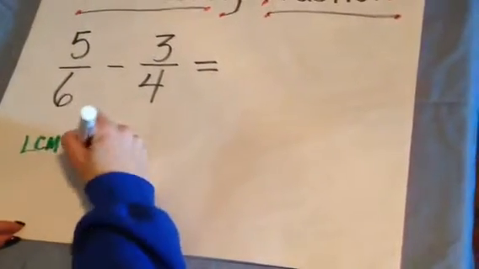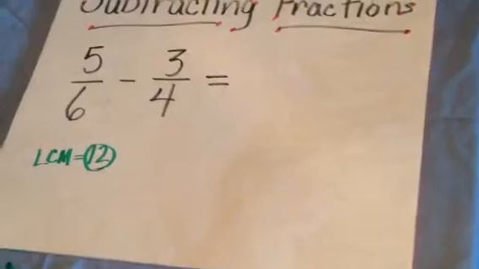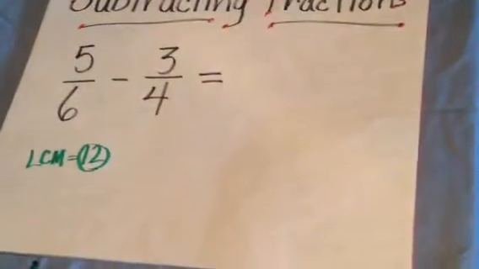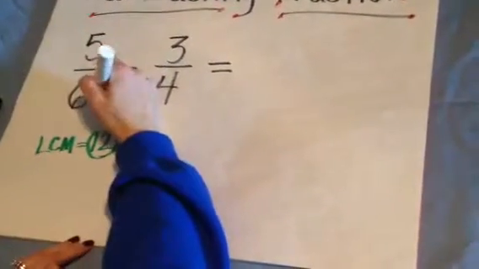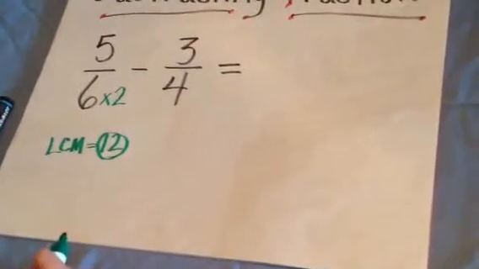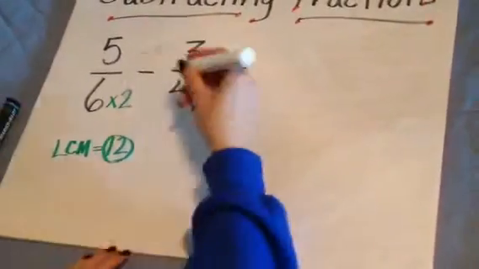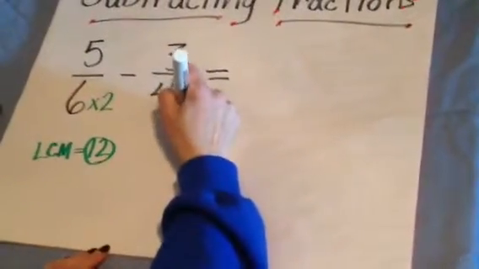So my LCM equals 12. Now, what can I do to 6 to make 12? You're right, I need to multiply by 2. What can I multiply 4 by to get 12? Correct again, it's multiply by 3.